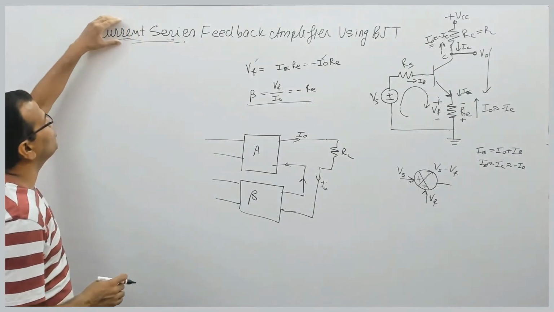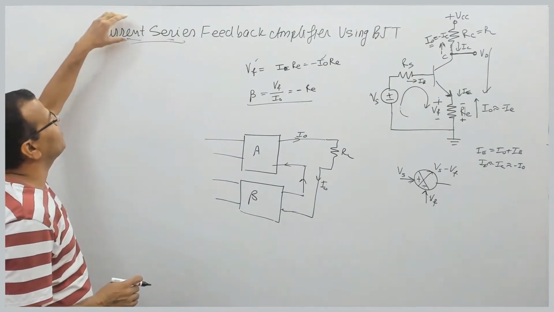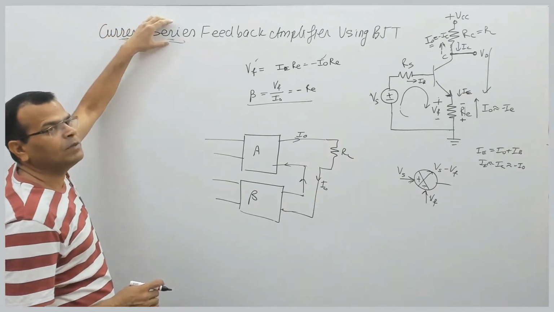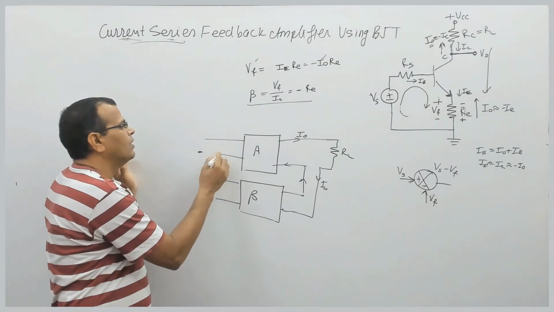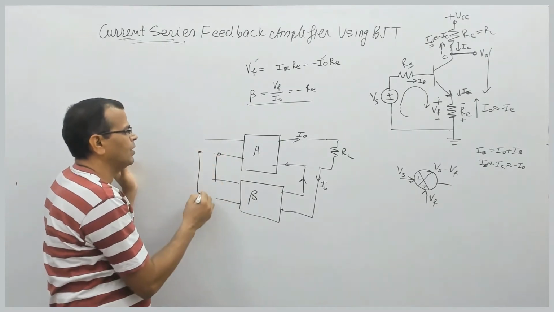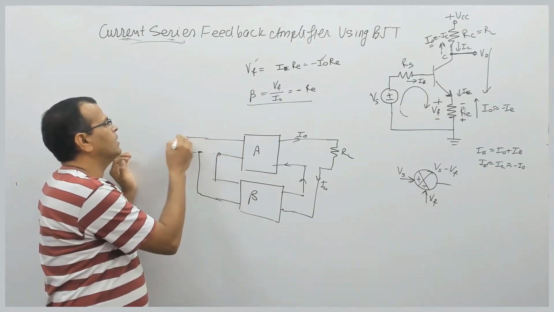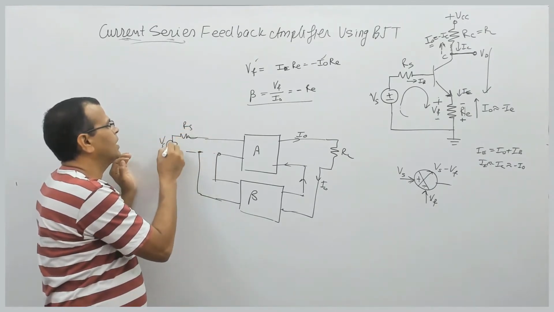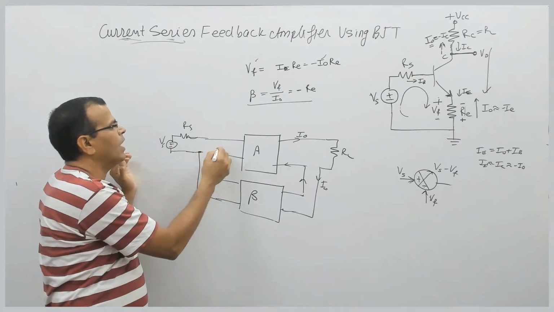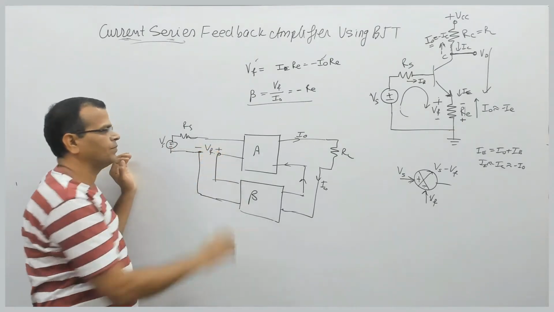The output signal is this current, which is series sampling, and the input is series mixing, and on the input side the word series stands for the feedback voltage. This is resistance Rs, this is Vs, minus plus, like this.